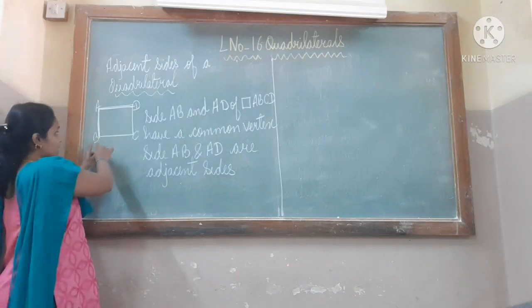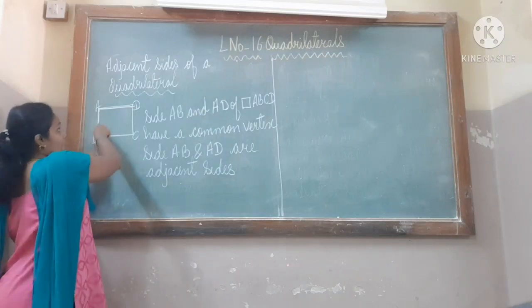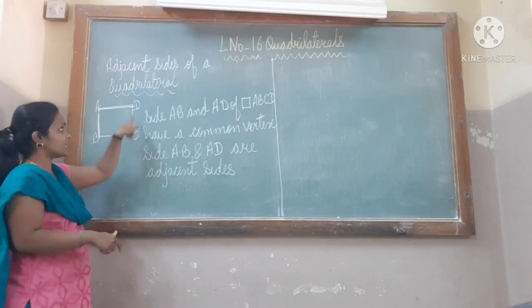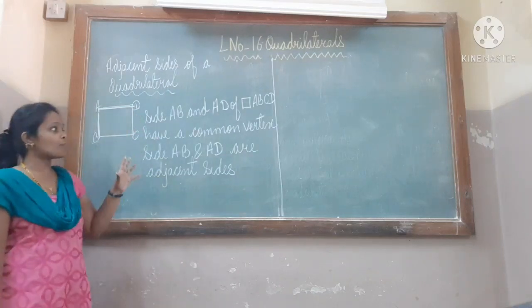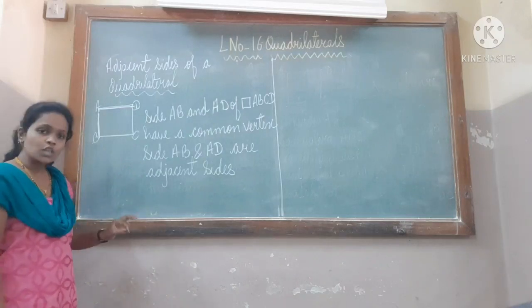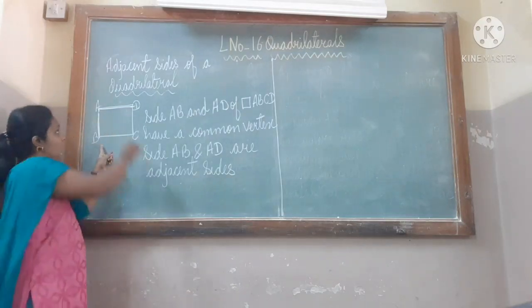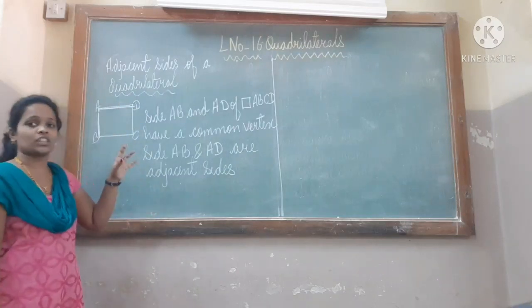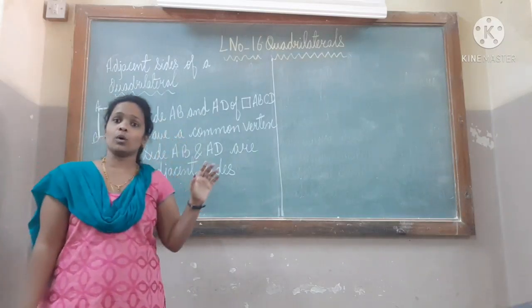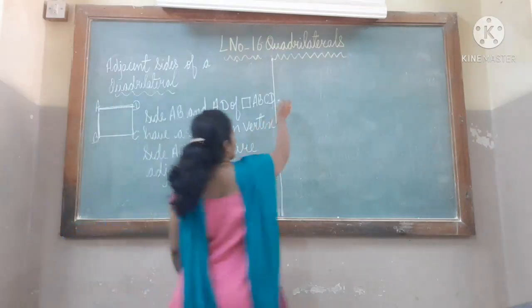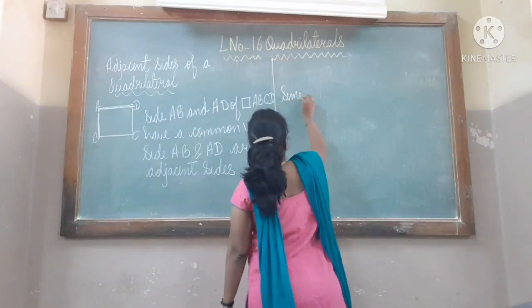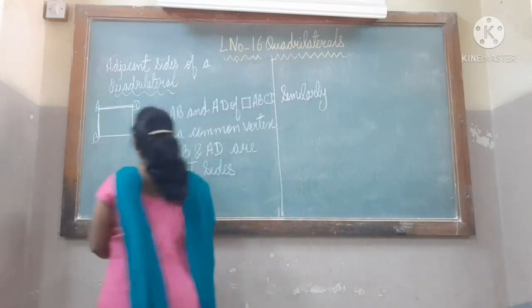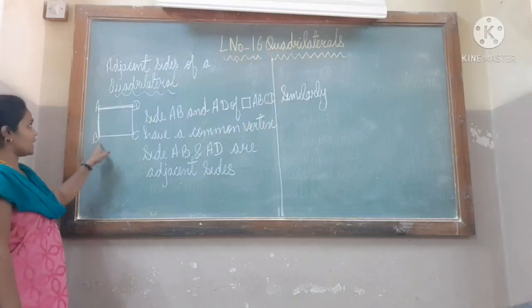How come? See here, again I am repeating, AB and AD of quadrilateral ABCD are having the common vertex. There are other adjacent sides. Which are they? Similarly, now we have done AB and AD.